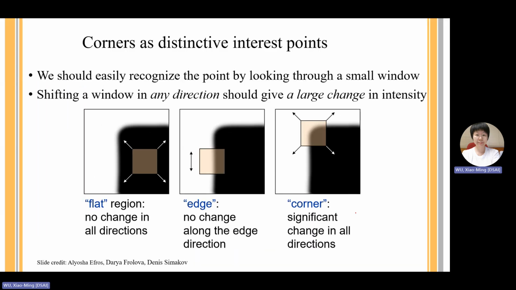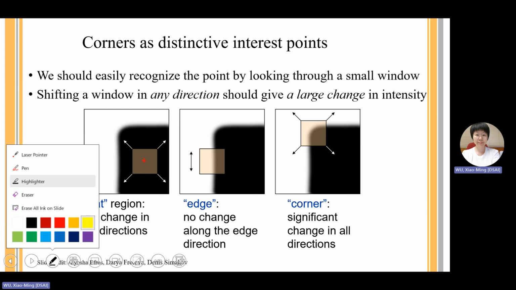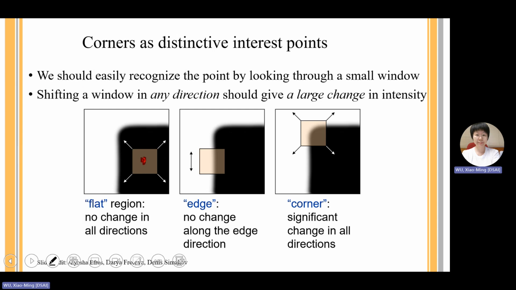Now, let's say here is the center of the window, and the red one represents the current pixel. If we look at the image content within this window, what can we observe? It's all dark. What about its image gradients, the image derivatives within this window?